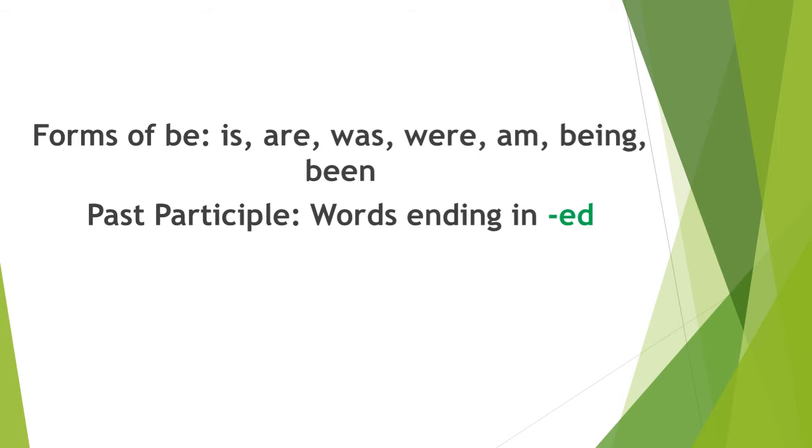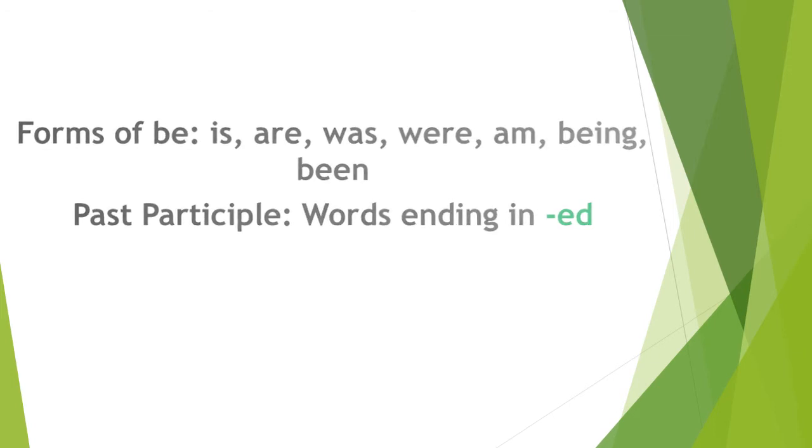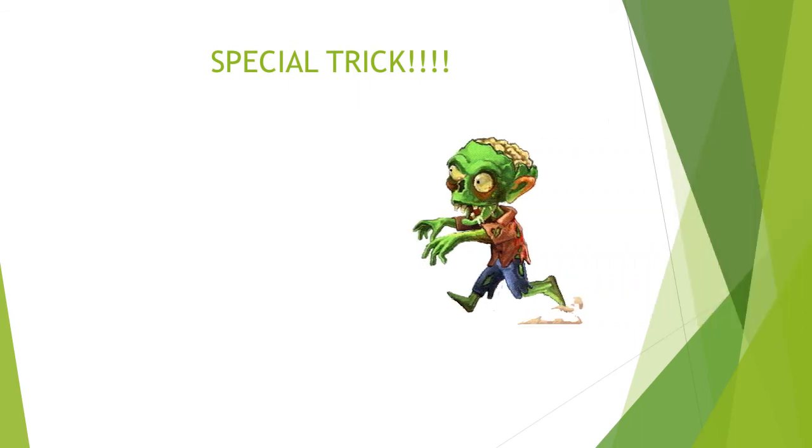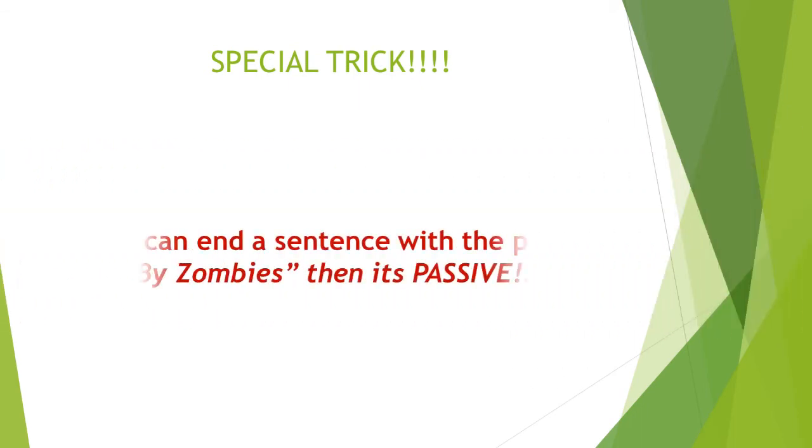So in such cases, here is another trick to help you identify the voice. I fondly call this trick the zombie rule. It basically states that if you can end a sentence with the phrase by zombies, then it's passive voice.